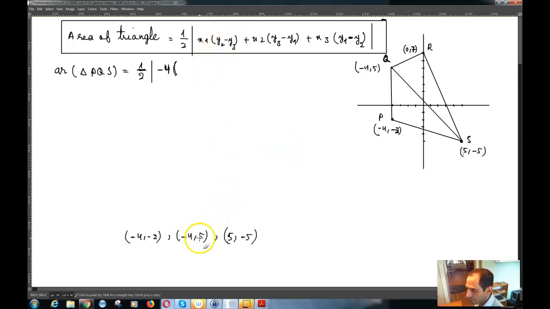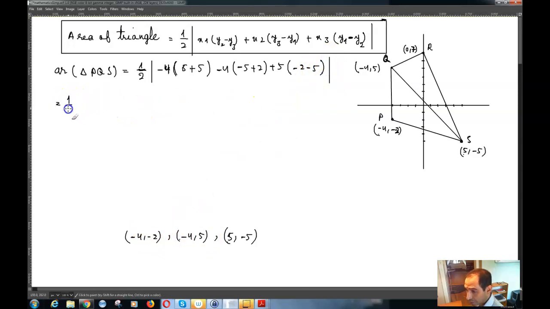So y2 minus y3 would be 5 plus 5. And then x2 is negative 4 times y3 minus y1, so that's negative 5 plus 2. And x3 is equal to 5 times y1 minus y2, so negative 2 minus 5.